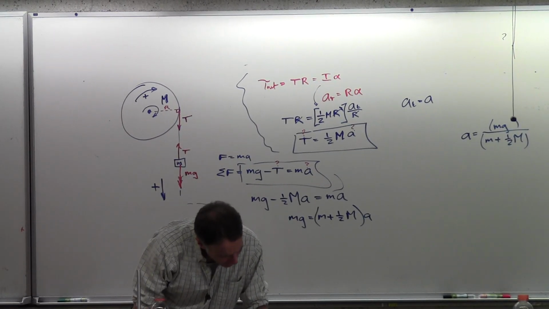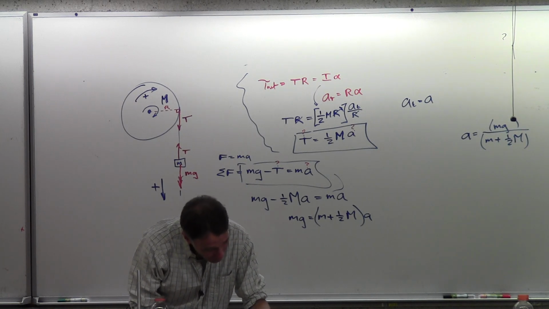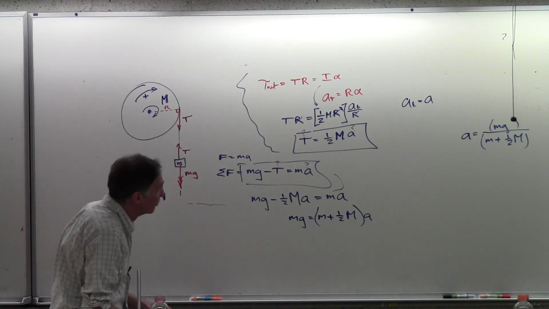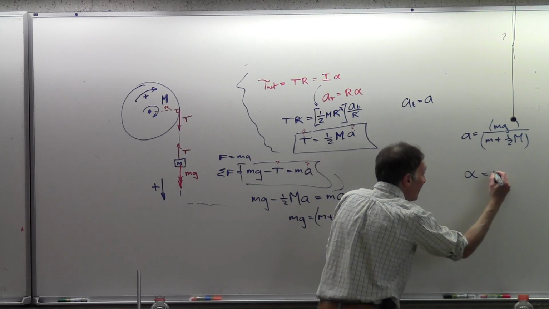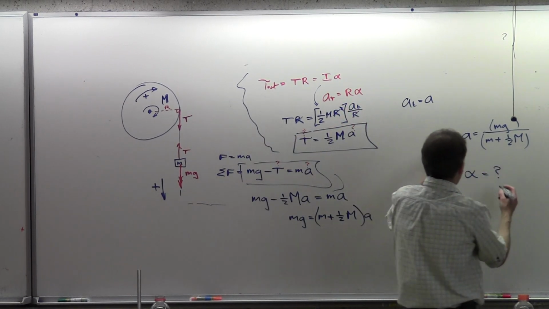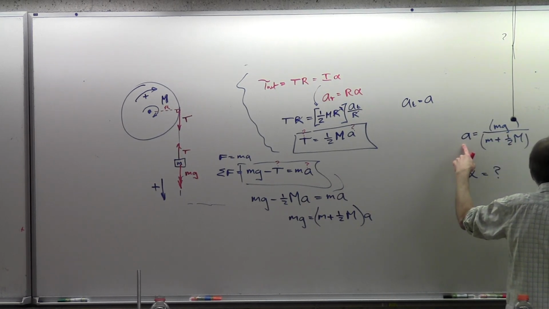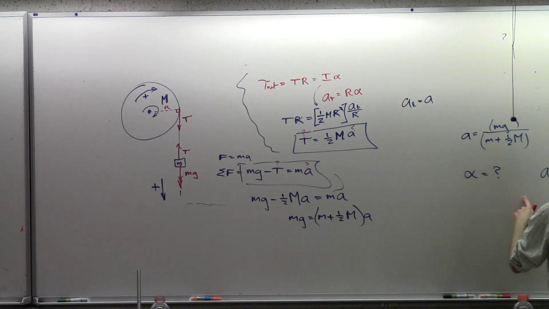Careful reading here. He said, in the question, what is the angular acceleration of the cylinder? So he really wants the angular acceleration. He wants alpha. But we could go back to this idea that A, which is equal to A tangential, is equal to R times alpha.